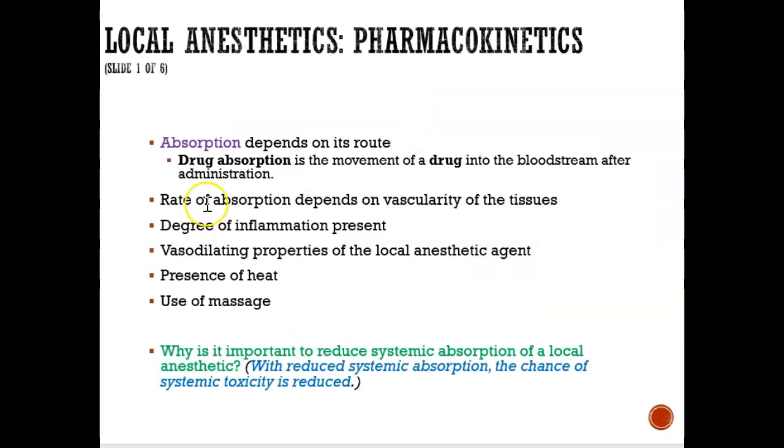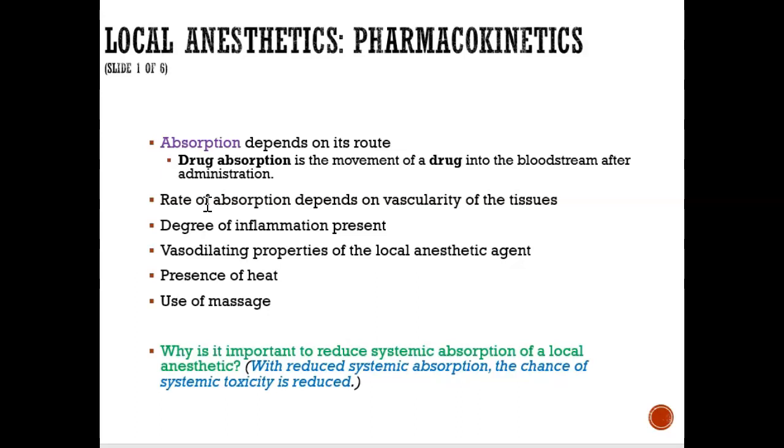So let's look at absorption. When we get injected with a local anesthetic, absorption is important because it is how the local anesthetic moves into the bloodstream. We want a slow absorption.